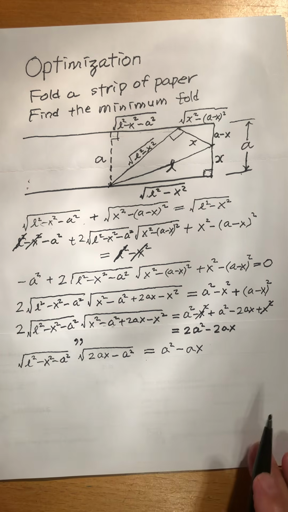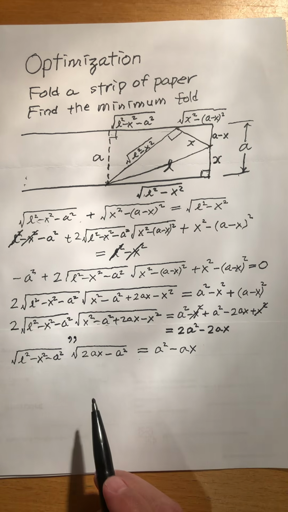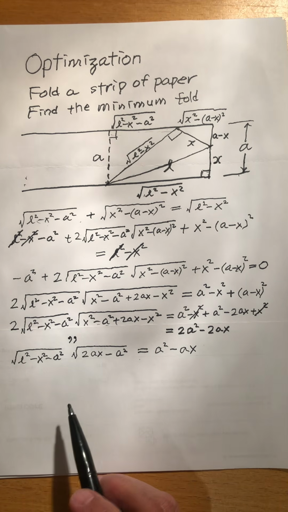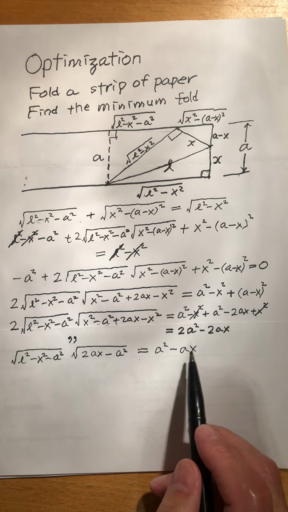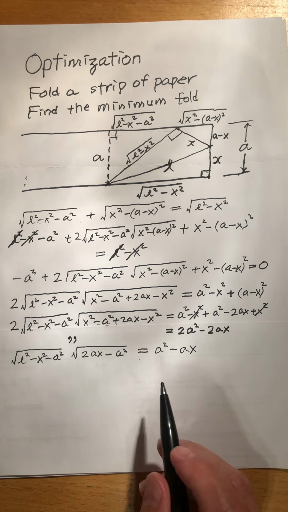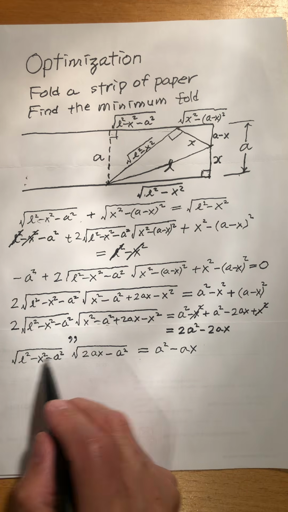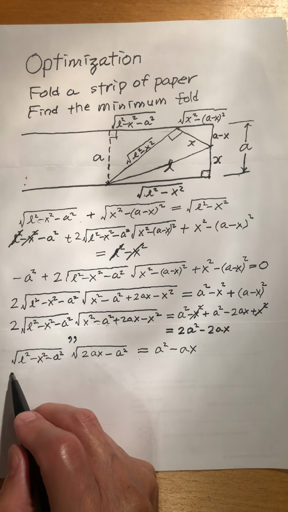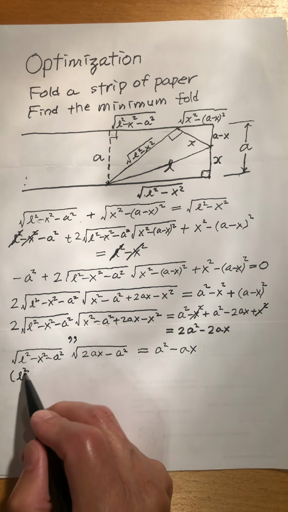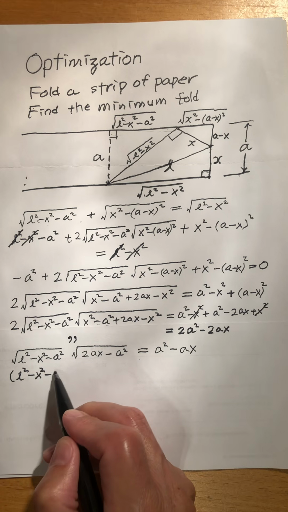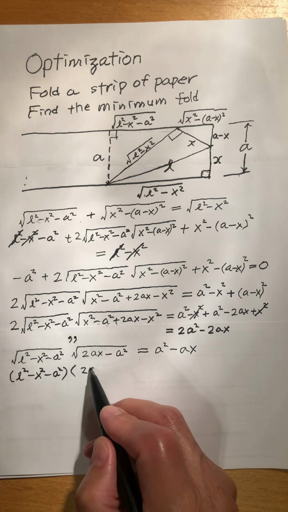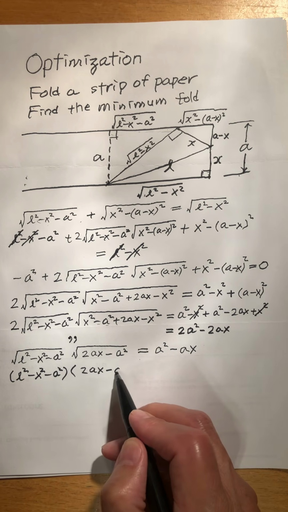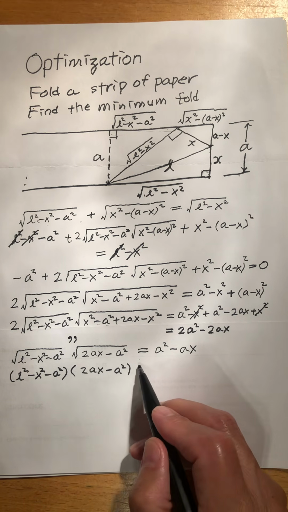Now, I want to get rid of the square root here. So again, I need to take a square on the left-hand side and take another square on the right-hand side. So let's do that. Square of this, the square root is gone.